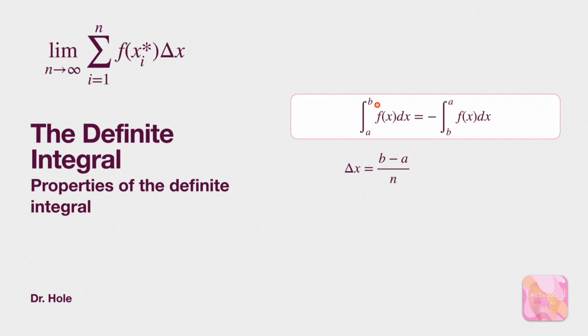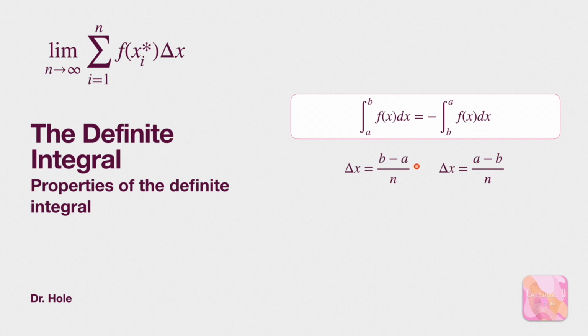So if we were to interchange the bounds of integration, if a were to become the upper bound and b were to become the lower bound, then using this definition, limit of a Riemann sum, delta x, how would we phrase out delta x on the right-hand side? We would use the upper bound a, subtract the lower bound b, and divide by n.